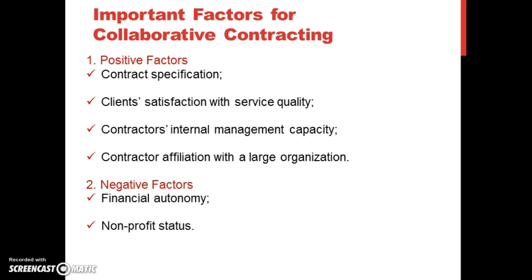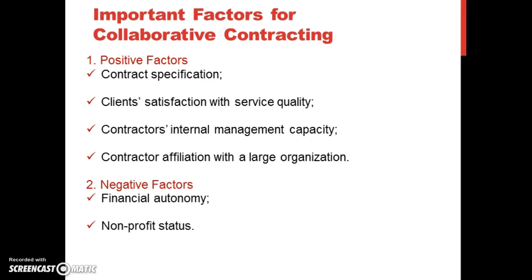Further, Amirkhanyan and Hefetz 2012 identifies positive factors and negative factors for collaborative contracting based on the empirical evidences. Here, I don't go for the details, mainly because their empirical evidences come only from child care centers in Ohio, so we cannot generalize these results for other services such as security service or transportation services.